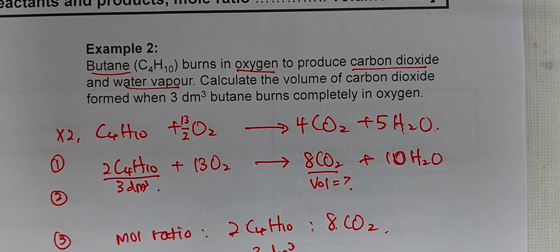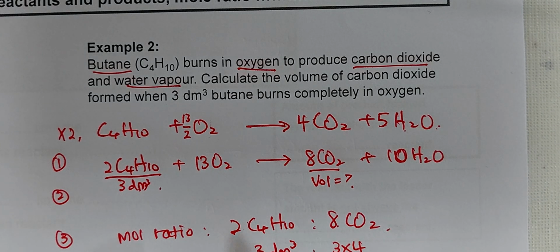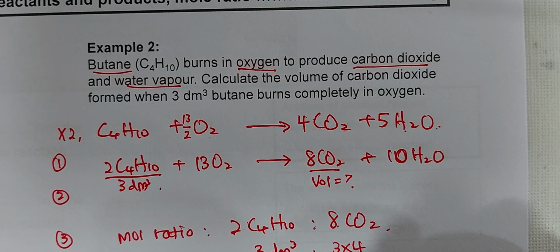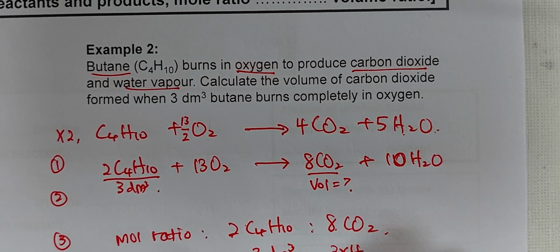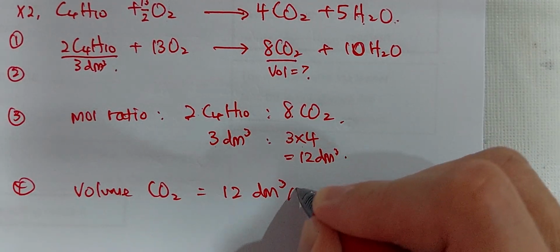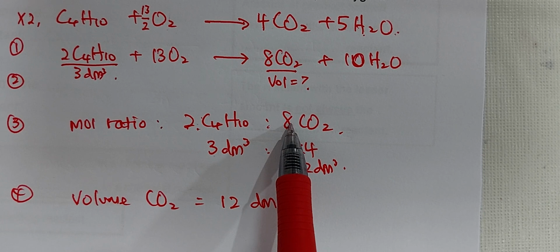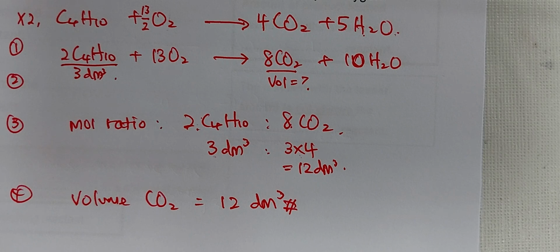So 1:4, 3 is to 3 times 4, because 2 times 4 equals 8. So 3 times 4 equals 12 dm cube. Fourth step, the volume of carbon dioxide is 12 dm cube.